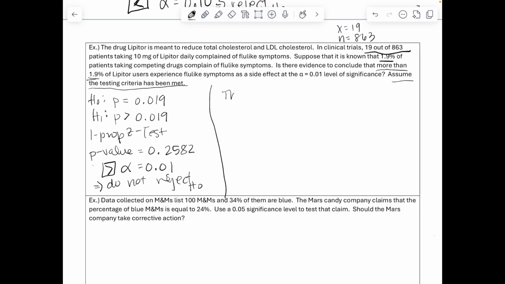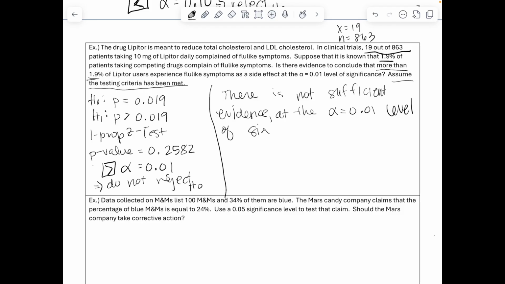And so this time we're going to start off with there is not sufficient evidence, and we'll say at the alpha equals 0.01 level of significance to conclude that, and again, we always talk about H1, and H1 here is that P is greater than 0.019.